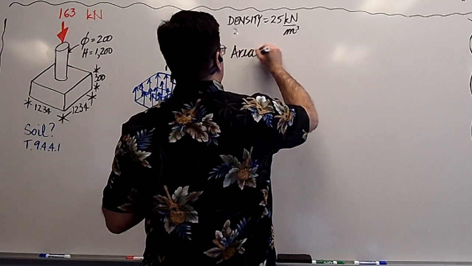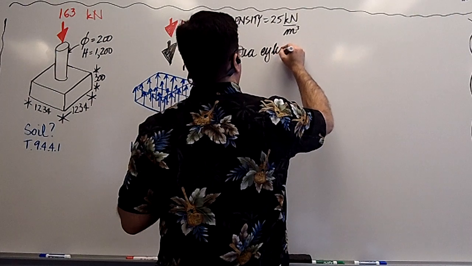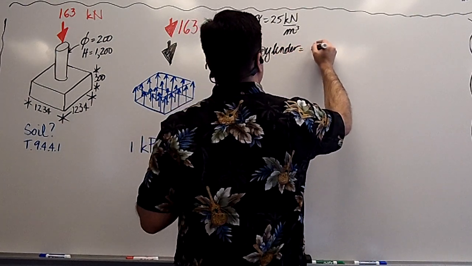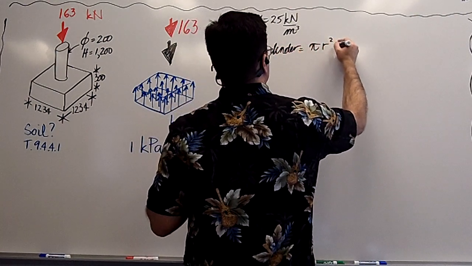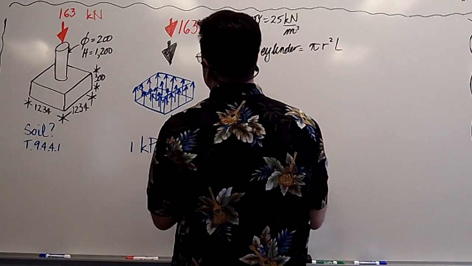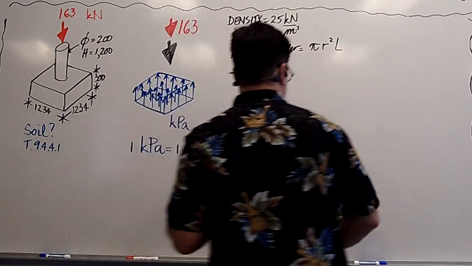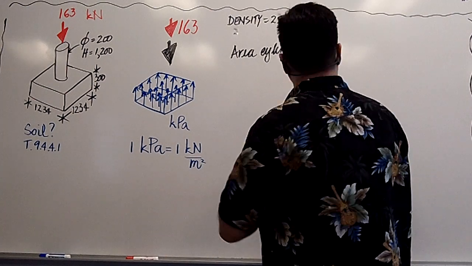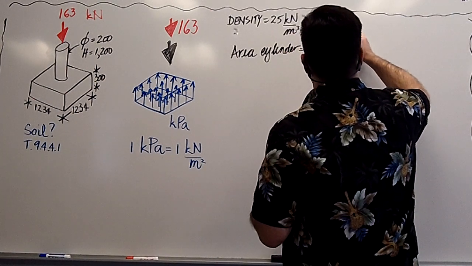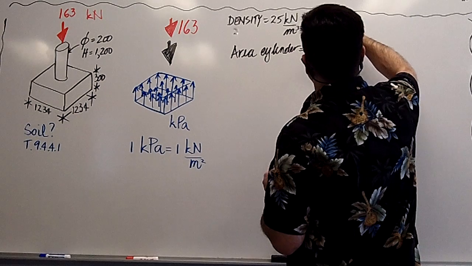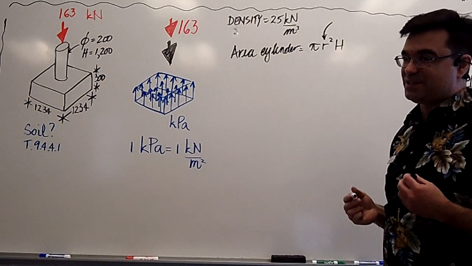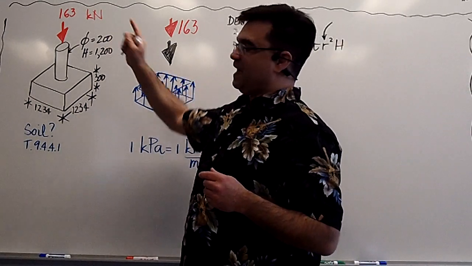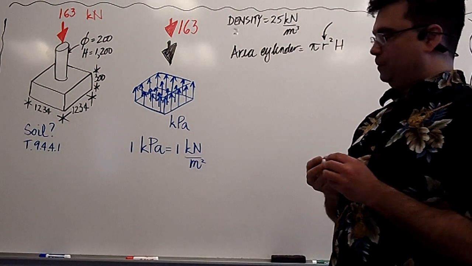Volume of the cylinder is going to be pi r squared times the length, or the height of the cylinder. I think I call it h here. Okay? And a reminder that this is radius, not diameter. So if you're given diameter, you have to divide that by 2.